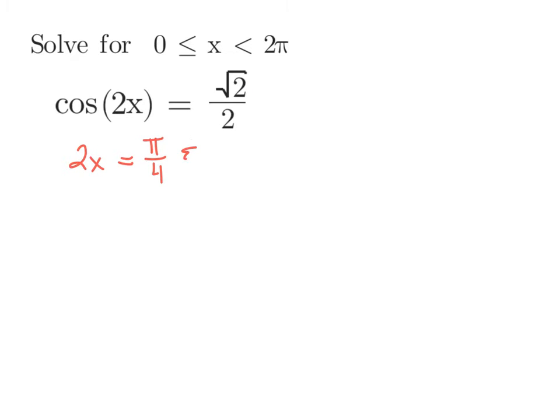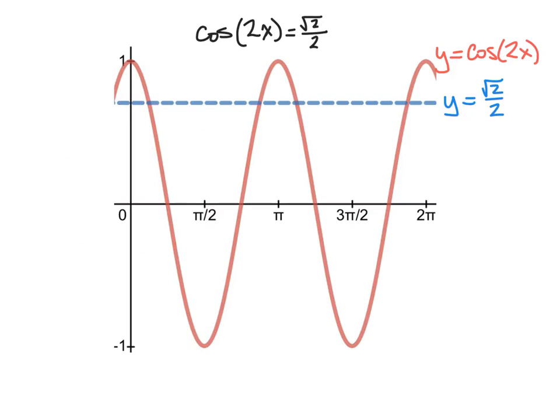And thinking about going all the way around the circle once, that'd be also at 7 pi over 4. Then x would just be dividing both of those by 2. So pi over 4 divided by 2 is pi over 8, and 7 pi over 4 divided by 2 is 7 pi over 8. So we would anticipate that these would be our two solutions.